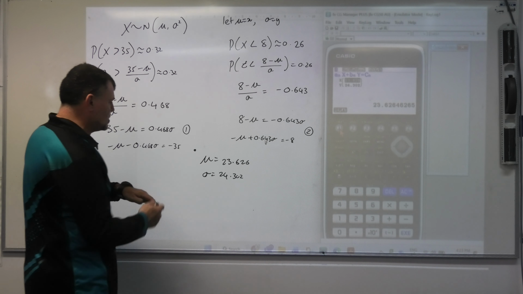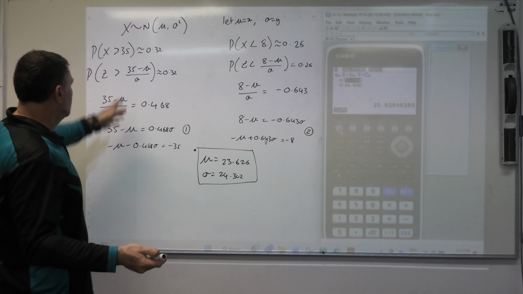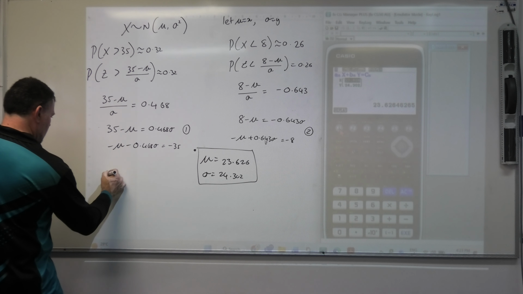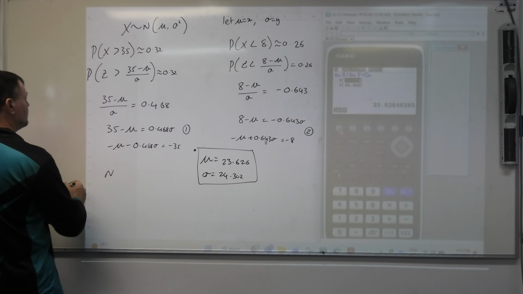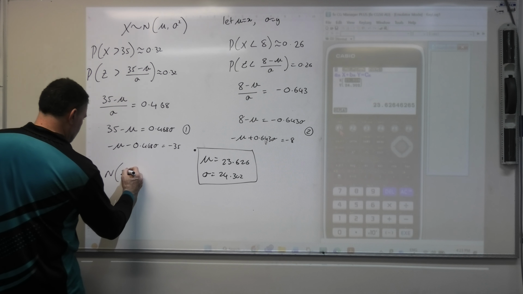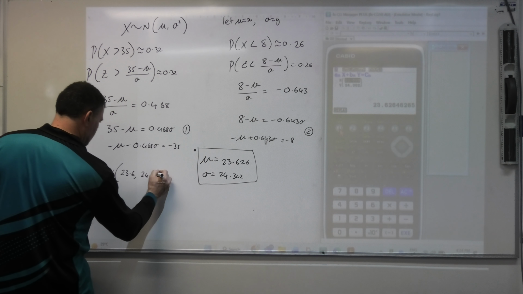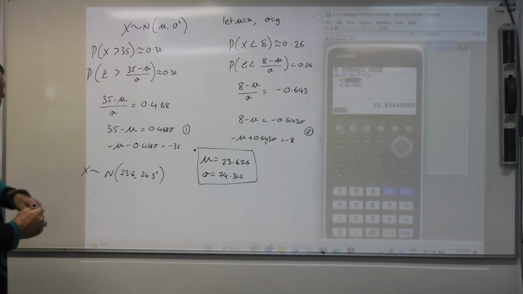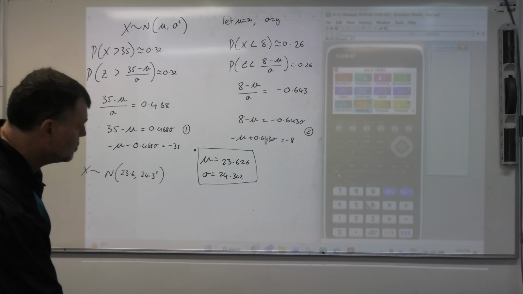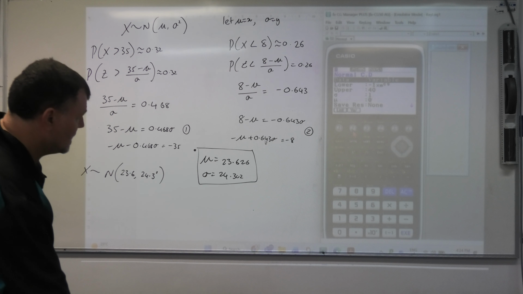Okay, so when we're looking at these calculations, how do we know these are correct? Well, one way is to check it with one of these functions. Let's check if our distribution has a mean of 23.6 and a deviation of 24.3. If we plug it into this function, we should hopefully get 0.32. So menu, distributions, normal CDF.